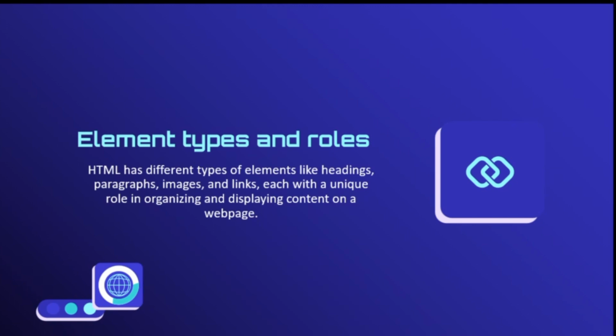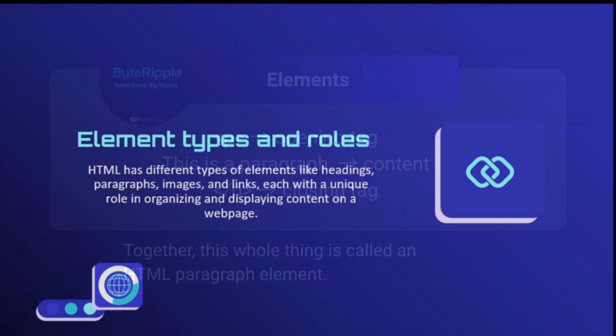So elements and types, what are their roles in HTML? HTML has different types of elements like headings, paragraphs, images, and links, each with its unique role in organizing and displaying content on the web page. Simply put, an element is two tags that hold content in between.